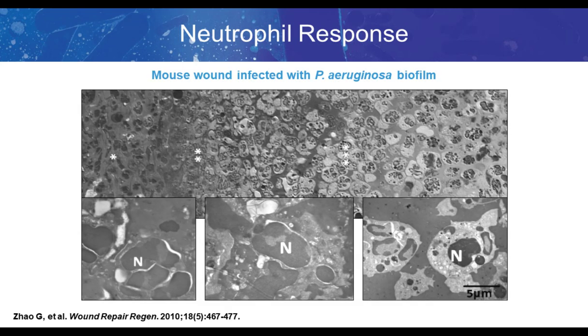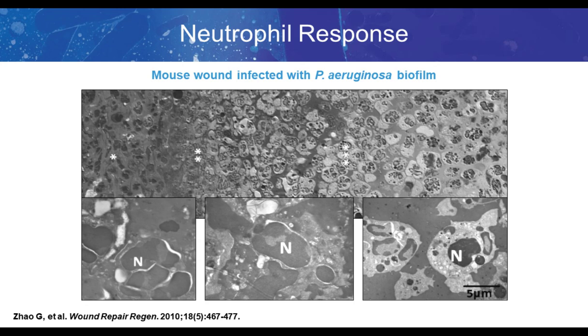And then also in a wound, I have to mention that if the wound is infected, you'll often have infiltration of lots of neutrophils. And this is from that mouse model that I showed earlier with the steep oxygen gradient. But you can see in this slide, in the upper panel and the lower panels, that there's a lot of neutrophils in that wound. And neutrophils, through their oxidative burst, consume a lot of oxygen.